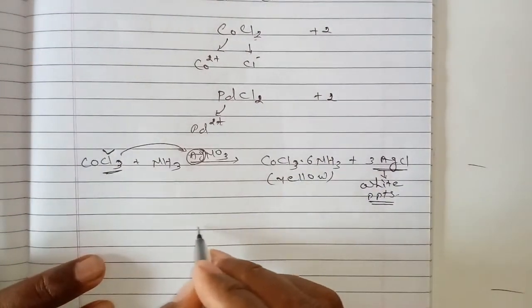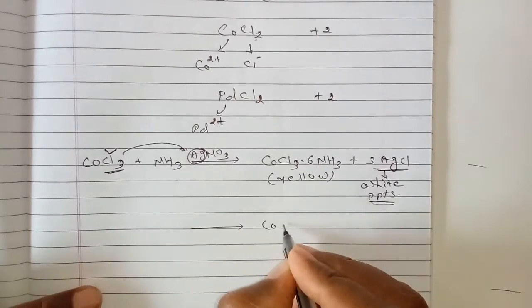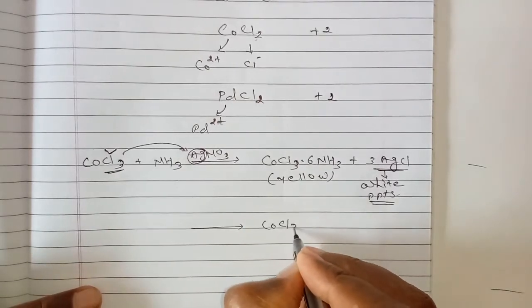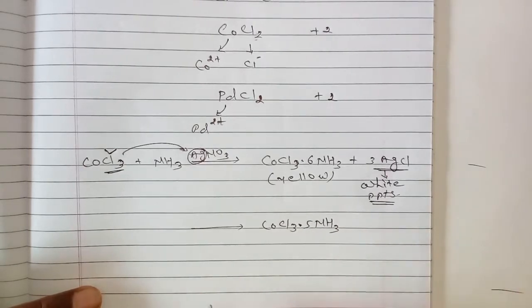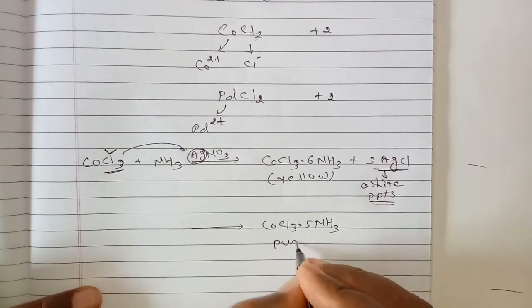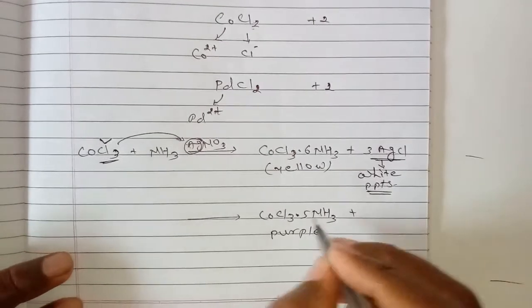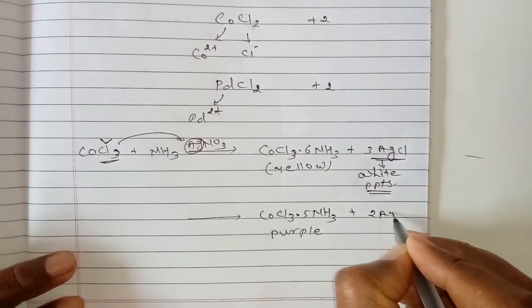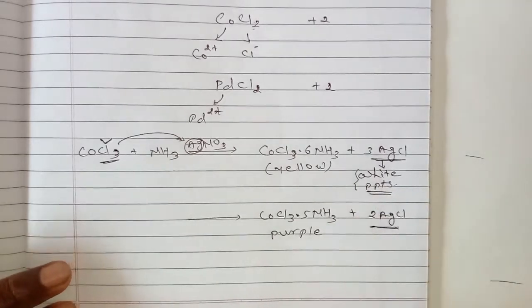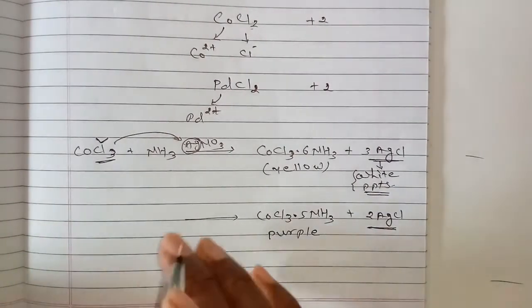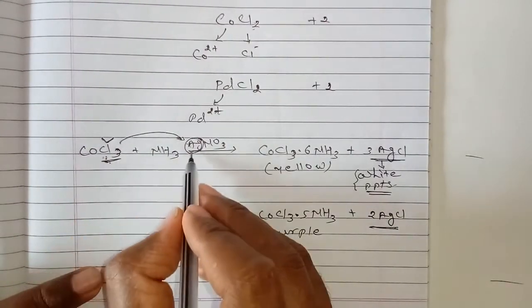Now in another experiment, CoCl3 with 5NH3, which is purple in color, and 2 moles of silver chloride are formed as white precipitate. Here only 2 moles of chlorine are bonded with silver.